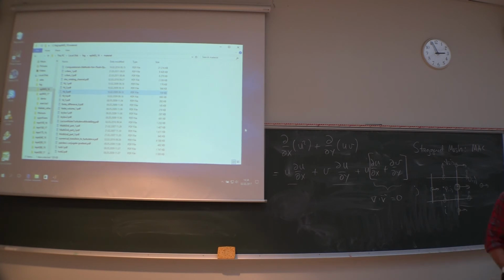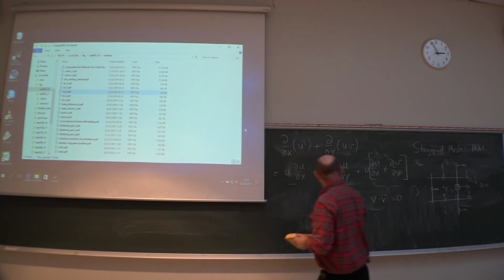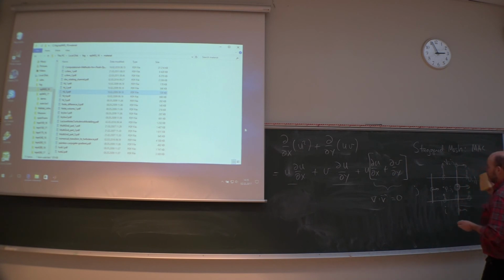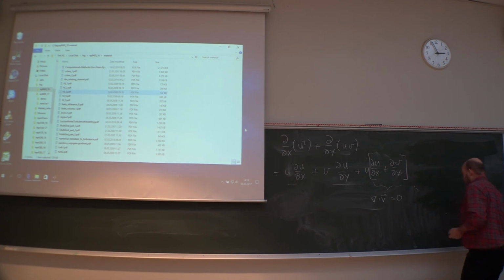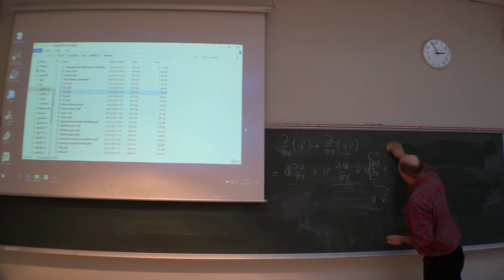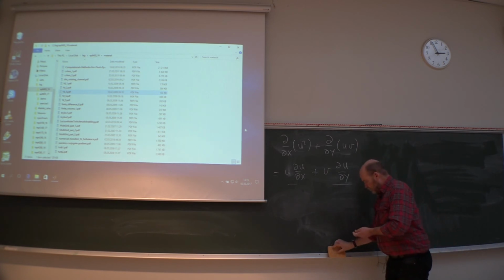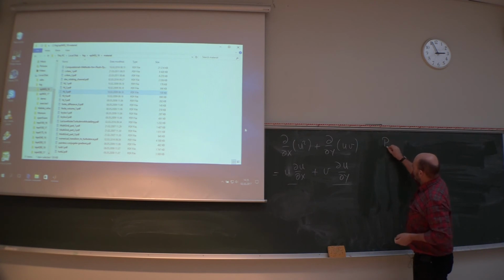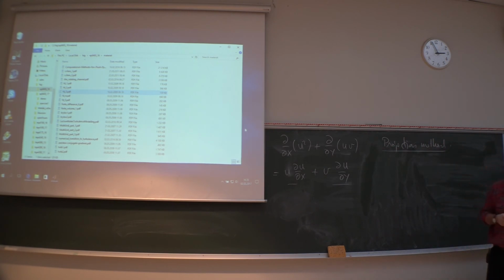What was the algorithm for the projection method? Just repeat that before we take a break. The projection method, time split method.